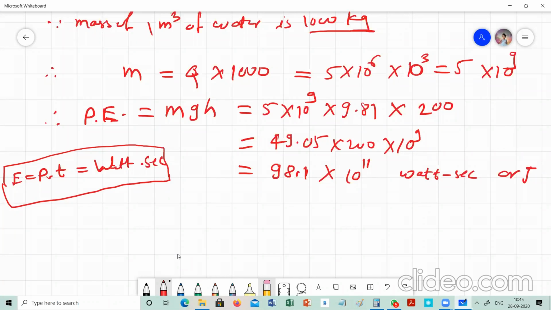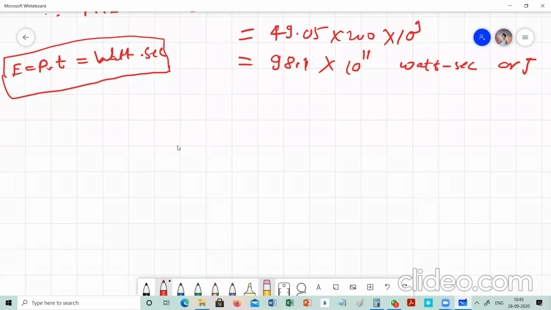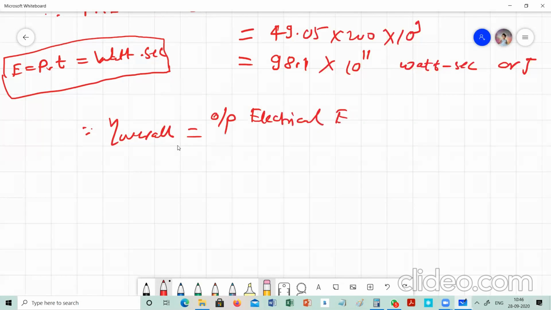We can use the formula of overall efficiency to calculate the output energy, that is electrical energy output. Eta overall is equal to output electrical energy divided by input energy. It is not in kWh. Why, I will tell you.